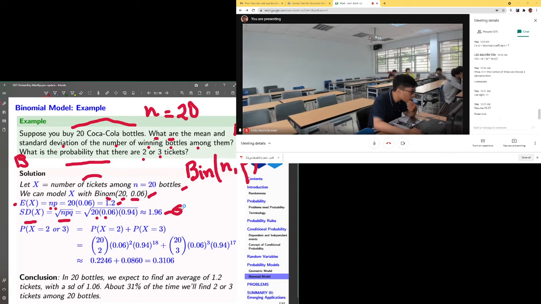For question B, again by the same argument. Tân Lộc said, look at the chat box. The other students, please calculate the standard deviation again to confirm his answer. Lộc said that sigma actually will be only 1.062.